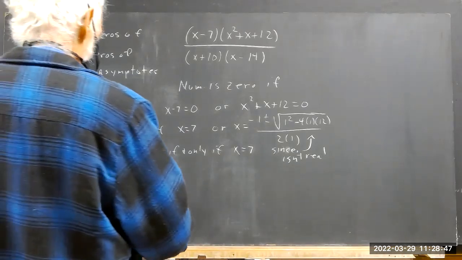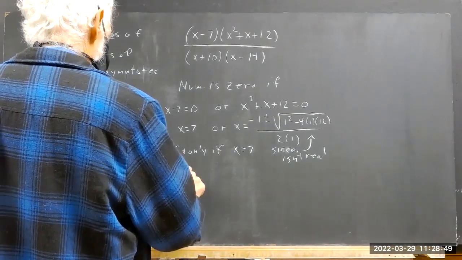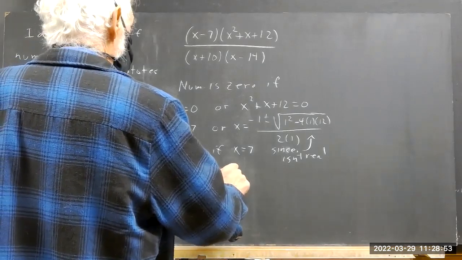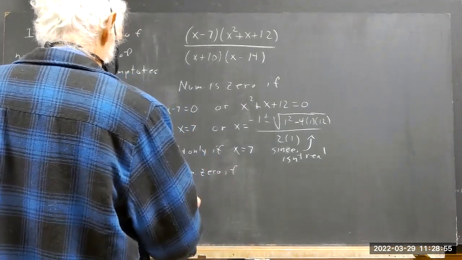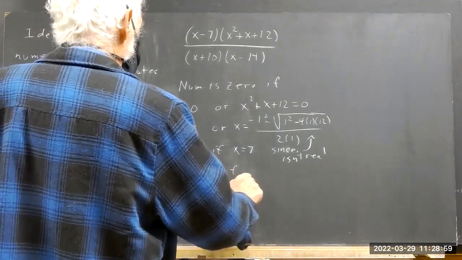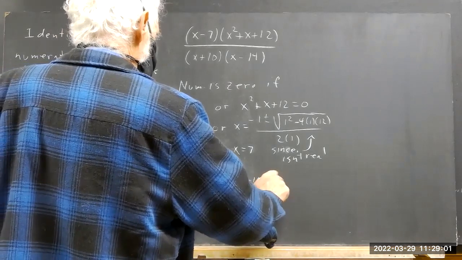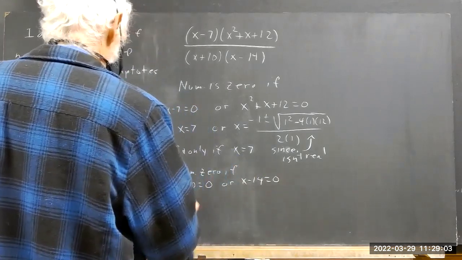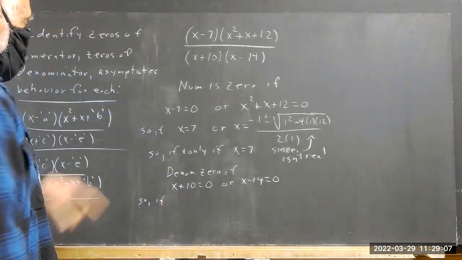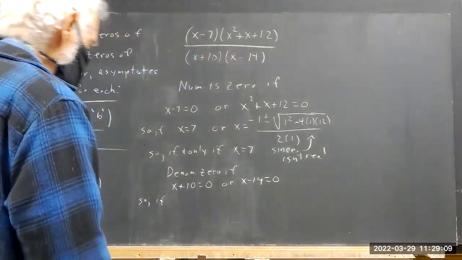So the denominator is 0 if x plus 10 is 0, or x minus 14 is 0.